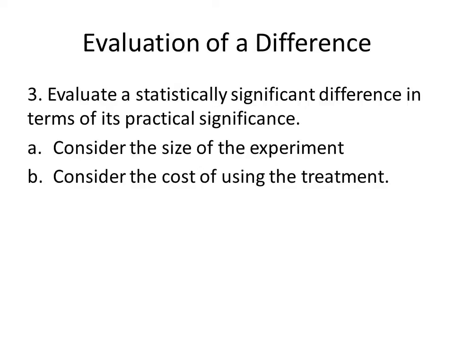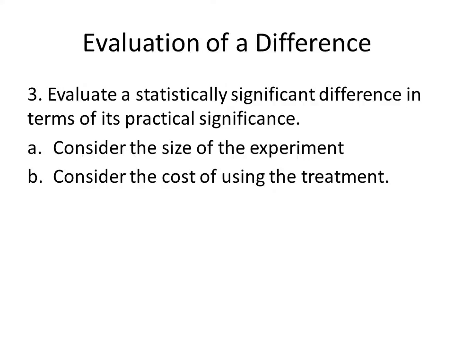In step 3, let's evaluate a statistically significant difference in terms of its practical significance. So now we would consider the size of the effect, and we would also consider the cost of using the treatment. Let's say we find an inexpensive treatment, like taking a low dose of aspirin on a regular basis, produces a large benefit, such as a very large reduction in the incidence of heart attacks.